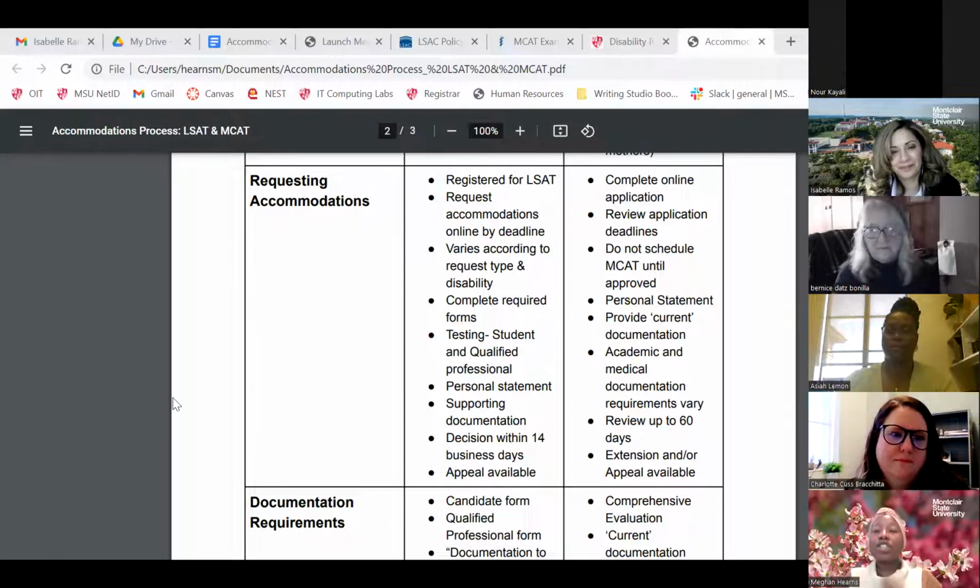Okay, so now we're going to get into the process of how to request the accommodations, and it will differ significantly between the LSAT and the MCAT. So I'm actually going to start with the MCAT, which is this second column, because that is an extensive process.